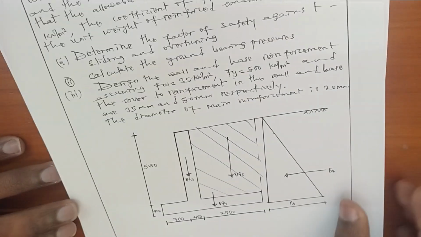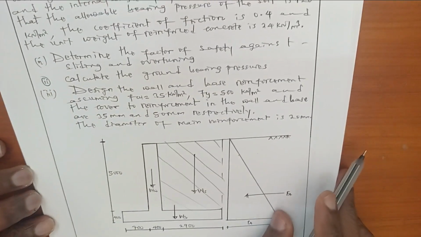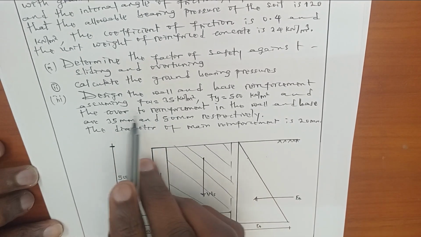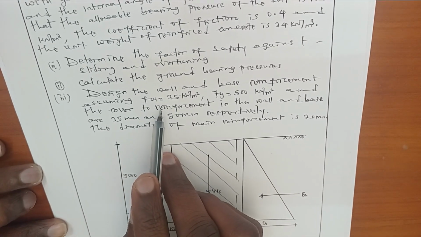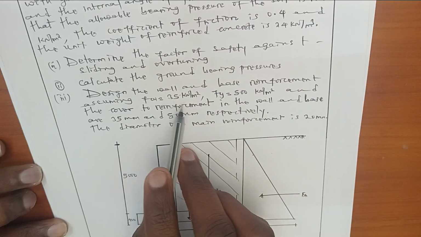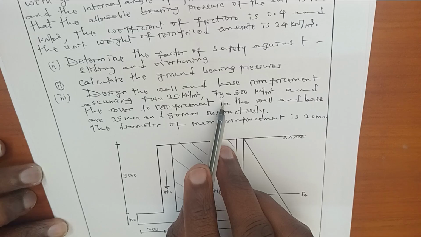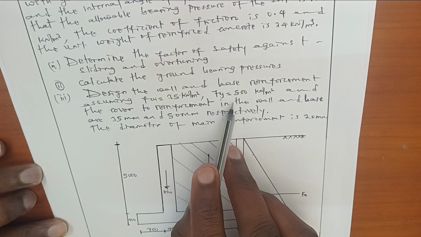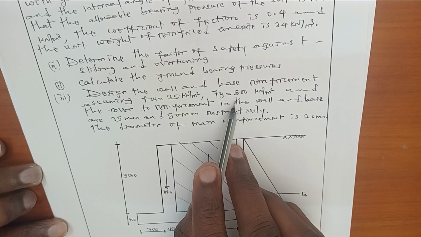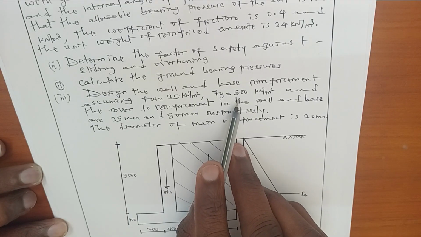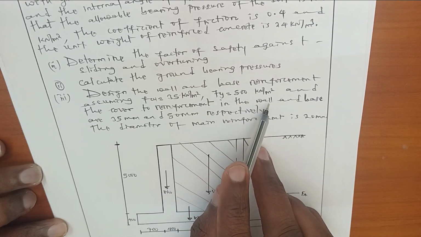Also, we have given the FCU, the strength of concrete, which is equal to 35 kilonewton per meter square. The strength of reinforcement, which is Fy, is 500 kilonewton per meter square.